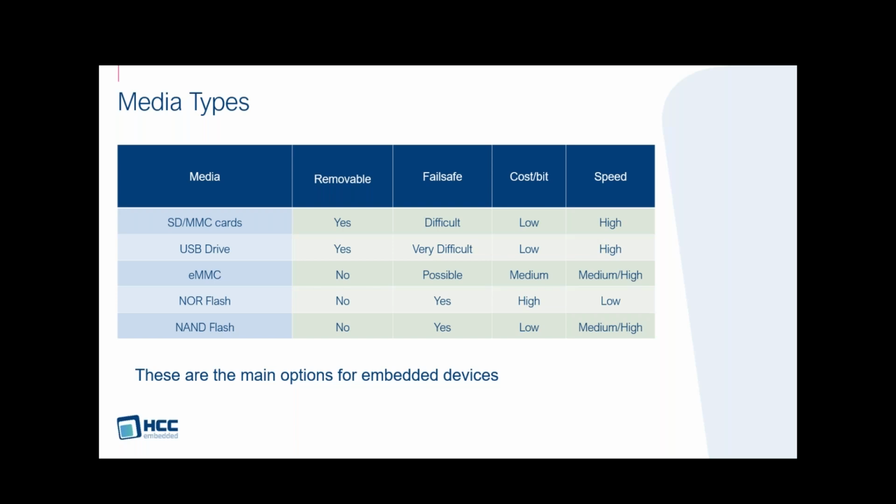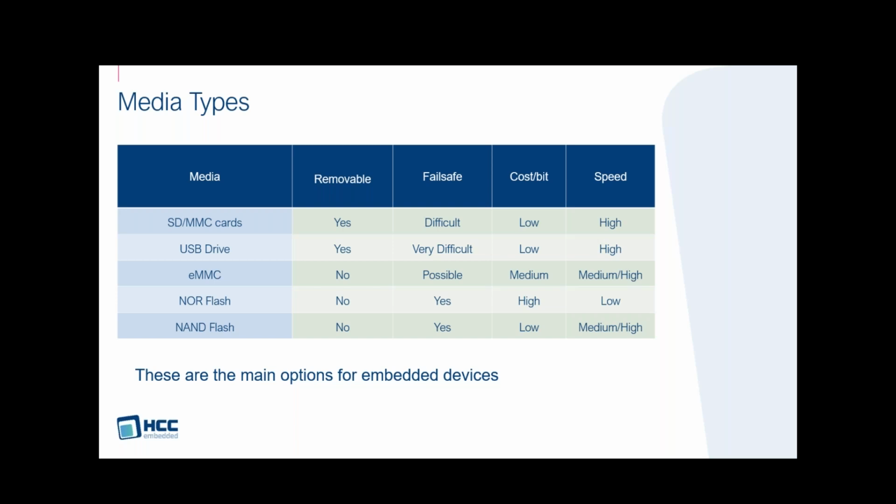This is not focused on the low cost, and the speed varies between medium to quite high. There are penalties to be paid. If you're going to write to it reliably, it's not going to be as fast as if you write to it unreliably. So there are speed penalties, as always. In all these things, there's no such thing as a free lunch. So you have to pay with something if you gain something. This is the way of pretty well all embedded development.